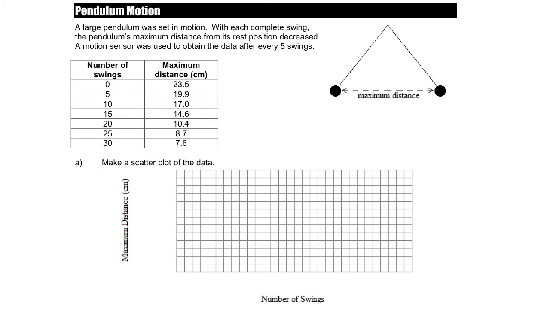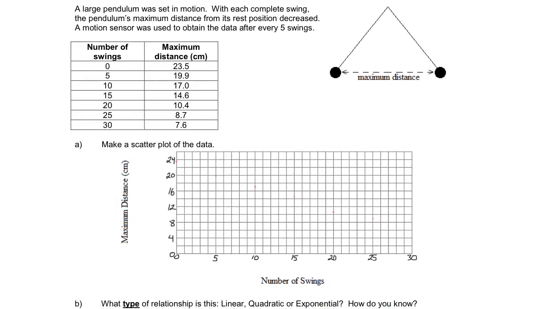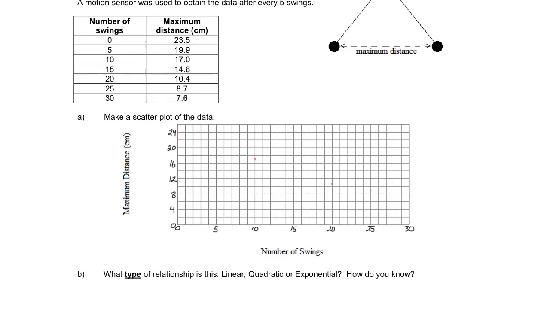So the first part, we're going to make a scatter plot of the data. You can create a scale on the y-axis and the x-axis, and you can plot your points. And you'll get it to look like this. And the next question, what type of relationship is this? Linear, quadratic, or exponential?